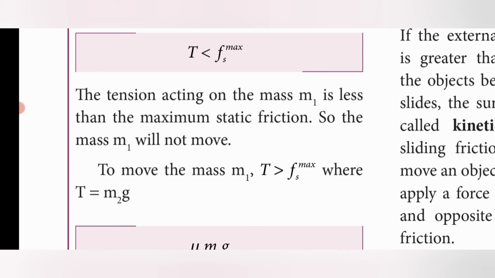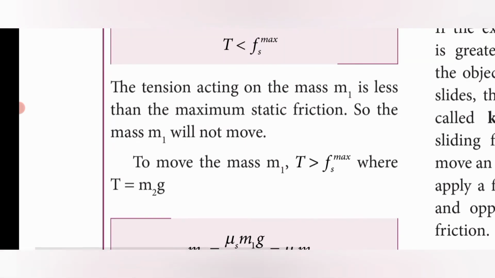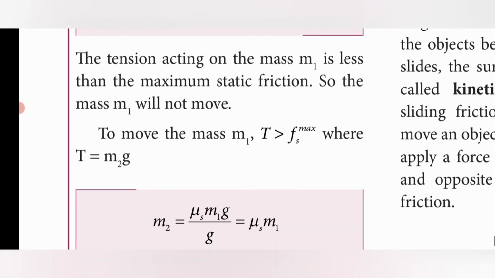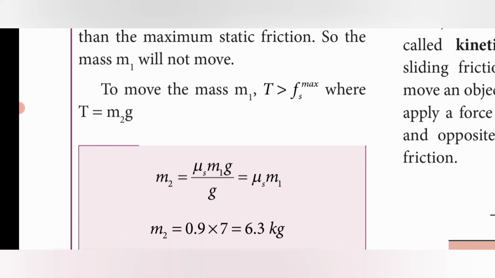And to move the mass M1, we want to find out the M2 mass also. Then only we can calculate the value. So what is the condition here? The T value must be greater than the friction value. So we have to find out the M2 value. So equate tension equal to the frictional value.